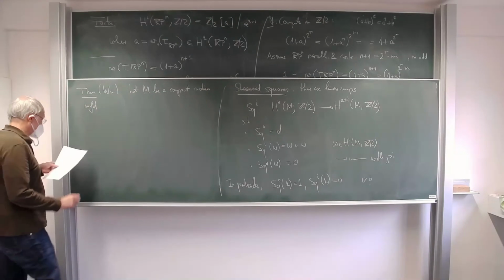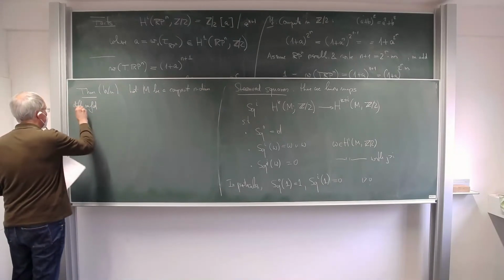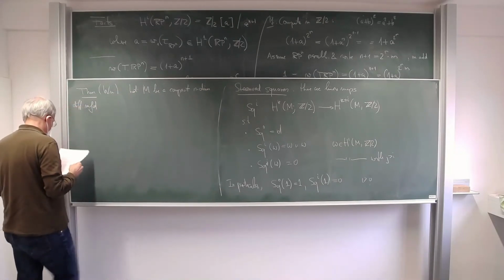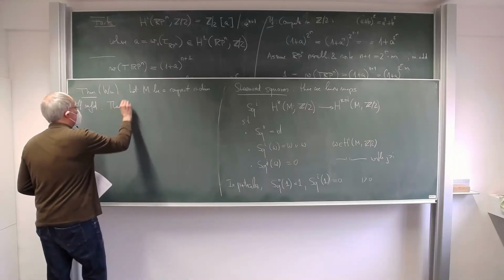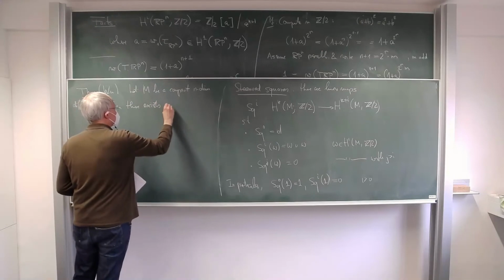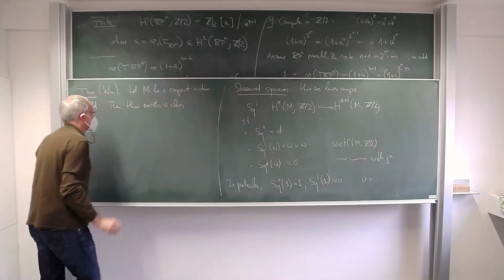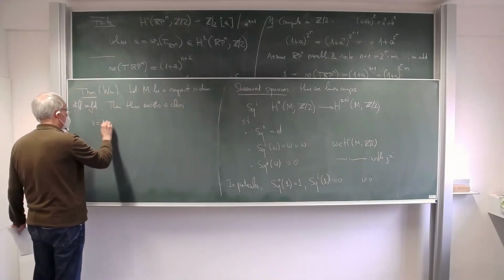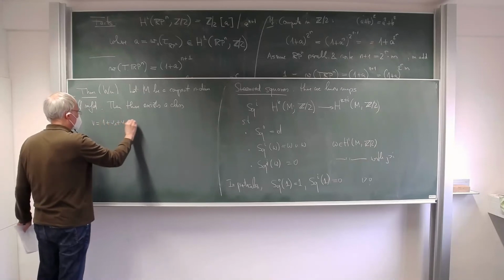Then there exists a class which is now called the Wu class, v equals 1 plus v1 plus v2 and so on.